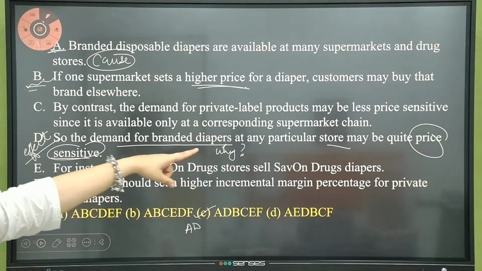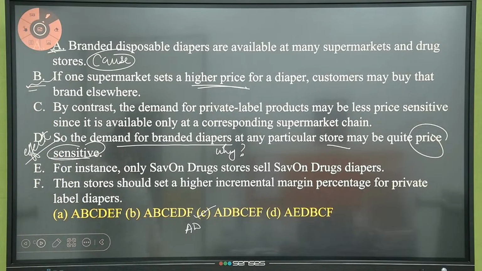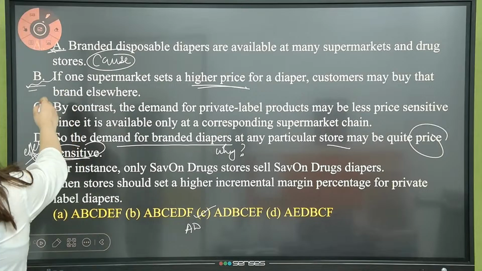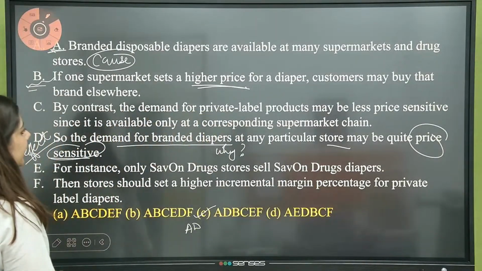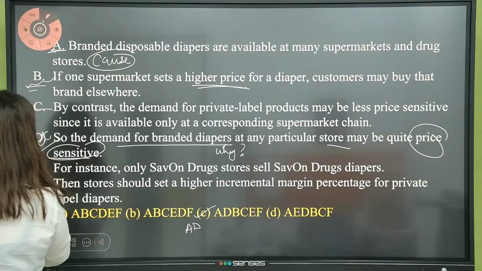D talks about price sensitivity and B elaborates upon that topic. If one supermarket sets a higher price for a diaper, customers may buy that brand elsewhere. By contrast, the demand for private label products may be less price sensitive since it is available only at a corresponding supermarket chain. And then, for instance, so statement and example.